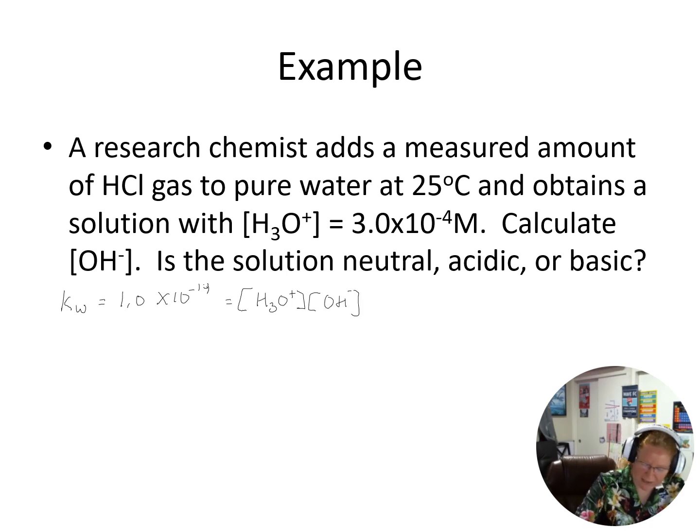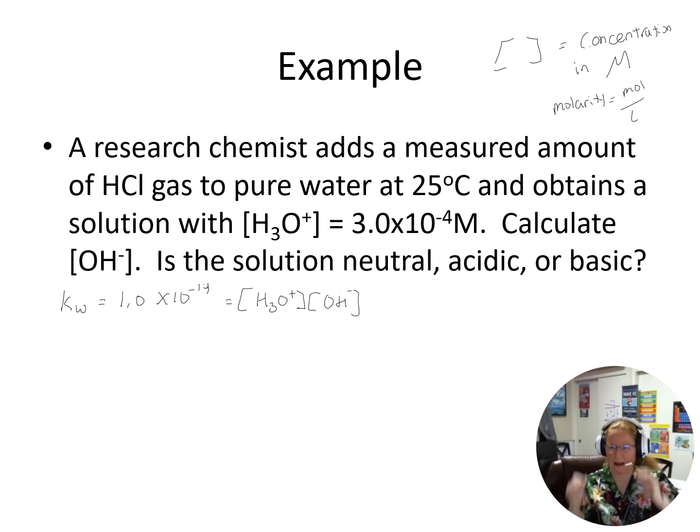now when you see brackets, okay, this is concentration and capital M, that's molarity. So those brackets are going to mean we're dealing with concentrations in molarity. So we need to figure out hydroxide.